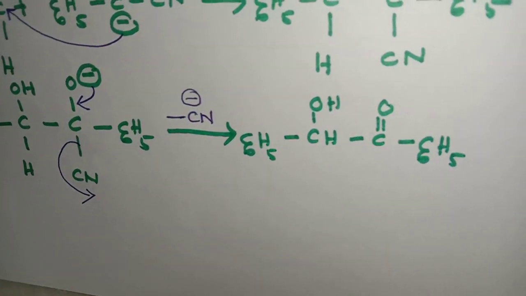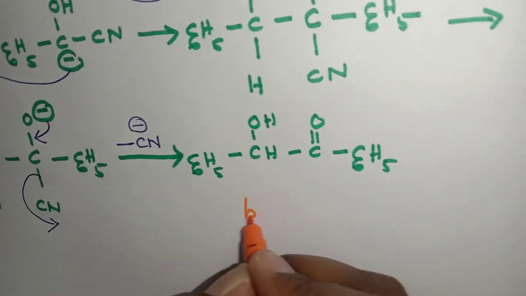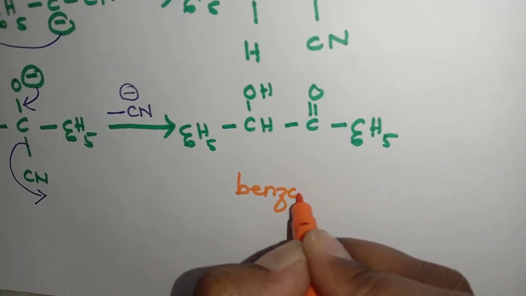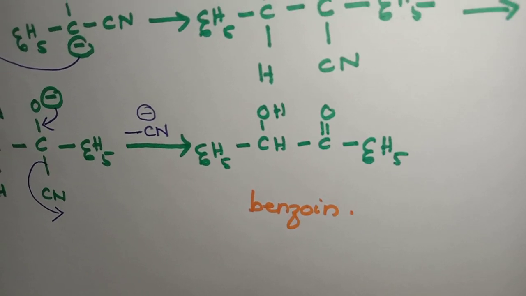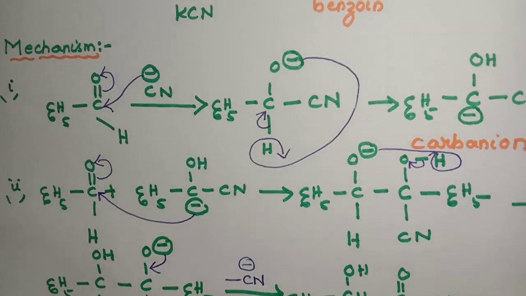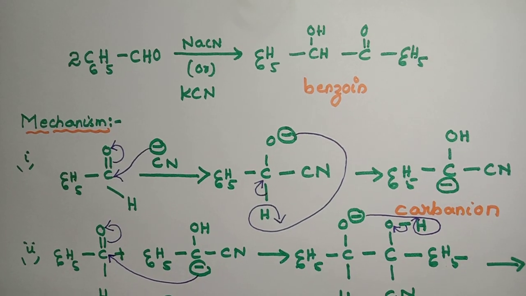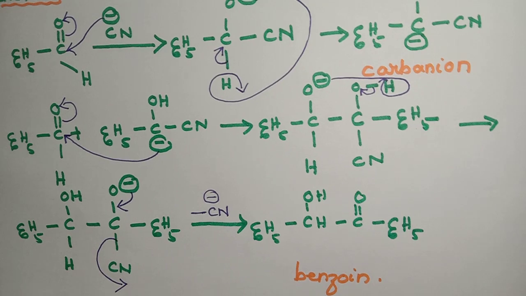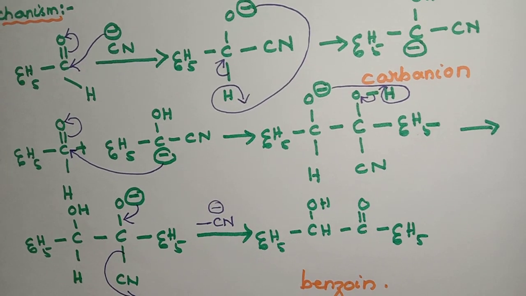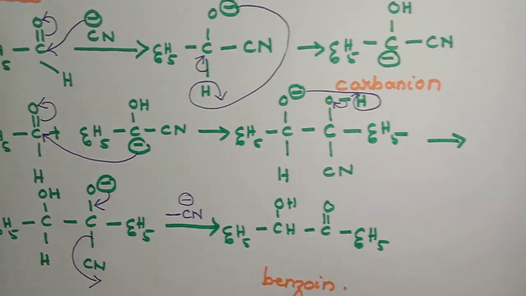Okay, so this is called benzoin. So understood, students? This is the mechanism of benzoin condensation. Okay, so after writing the mechanism, you are supposed to write down the points one by one, what exactly happened in this condensation.